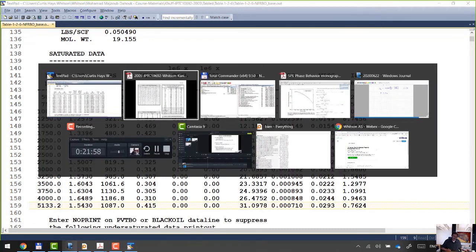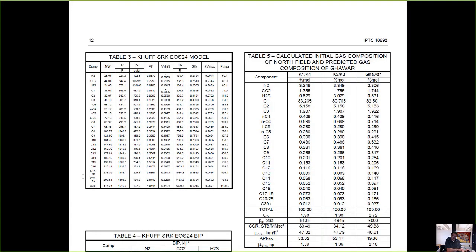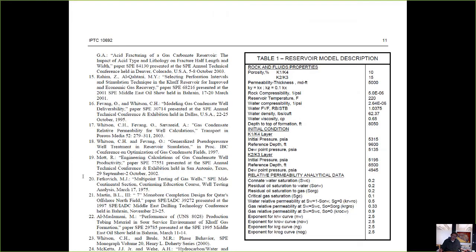Okay, so what we're going to do here is calculate the initial gas in place. I don't know whether there's a pore volume given here or not. Initial pressure, water saturation. Let's see, the area, is that given?